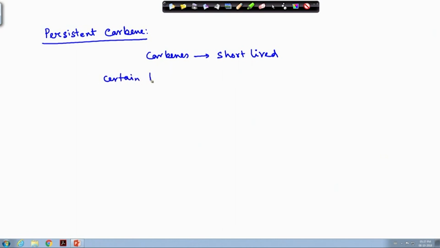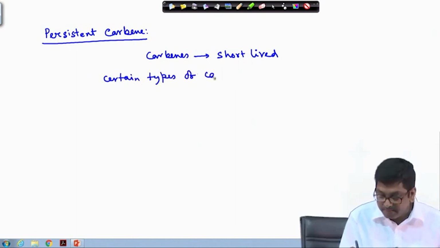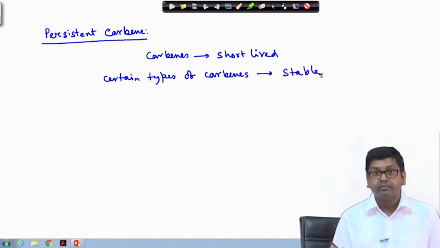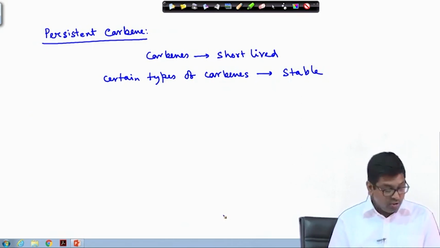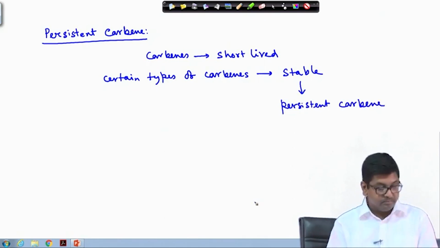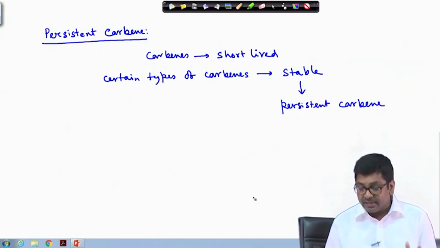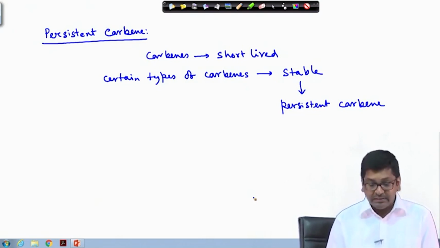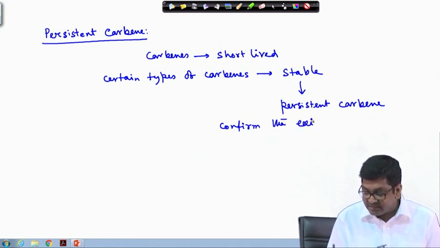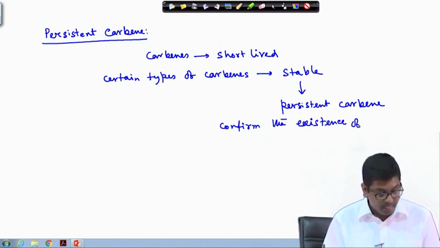These are called persistent carbenes. Obviously, if some carbenes are stable and can be detected by various spectroscopic methods, then this confirms the existence of carbene.